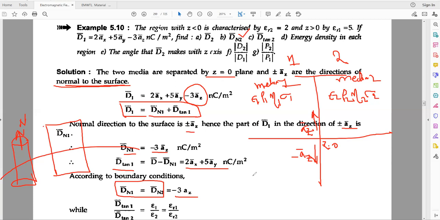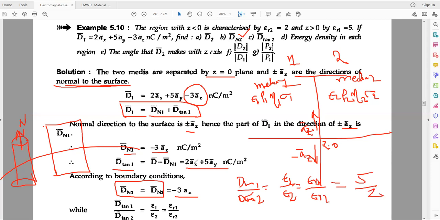For the tangential components, according to the boundary conditions, the ratio of D tan 1 by D tan 2 is equal to epsilon 1 by epsilon 2. That is given in terms of epsilon r1 by epsilon r2. Epsilon r1 is 5 here and epsilon r2 is 2, so 5 by 2.